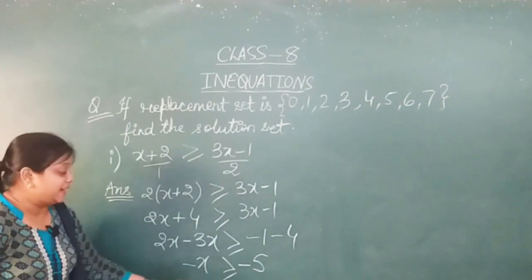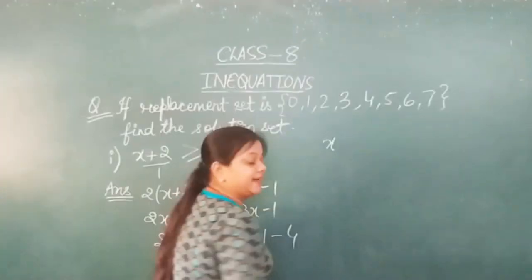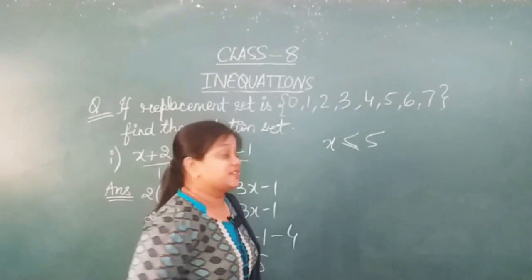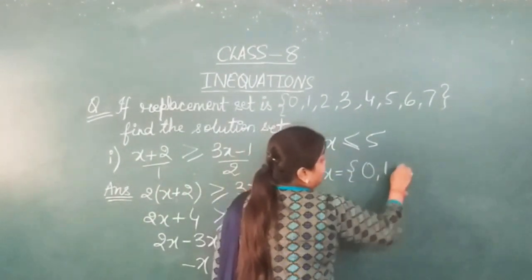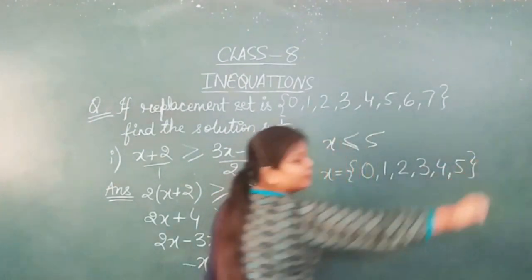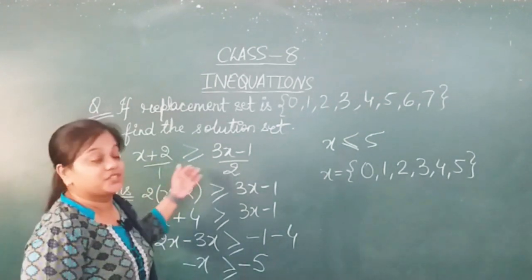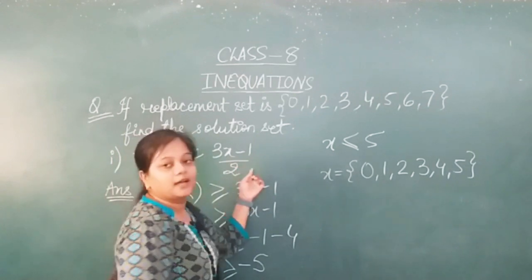Now multiplying by negative 1 on both sides, we will get x is less than and equal to 5. So our solution set will be 0, 1, 2, 3, 4, 5. So this is the answer of the inequation x plus 2 greater than or equal to 3x minus 1 upon 2.